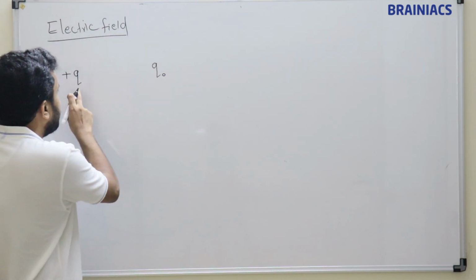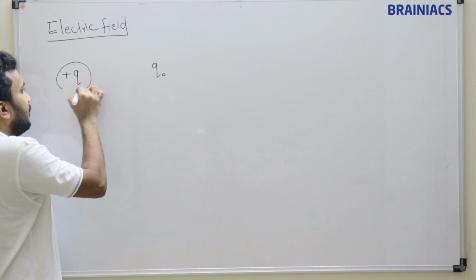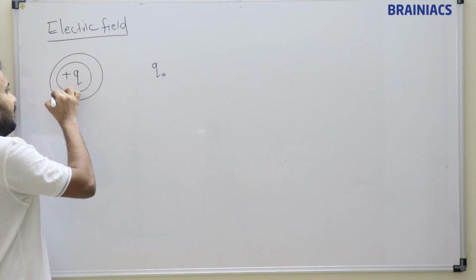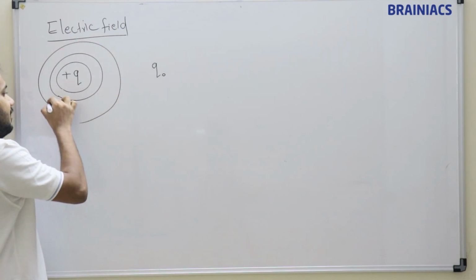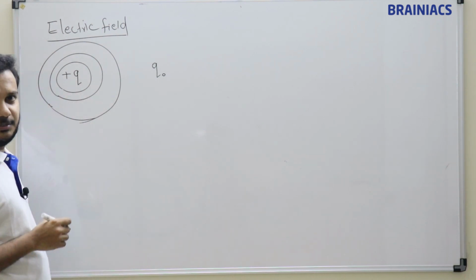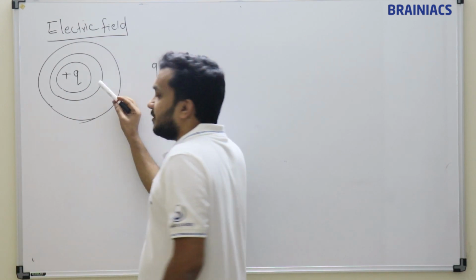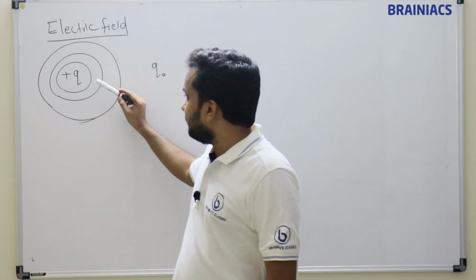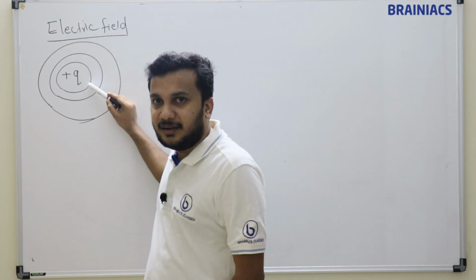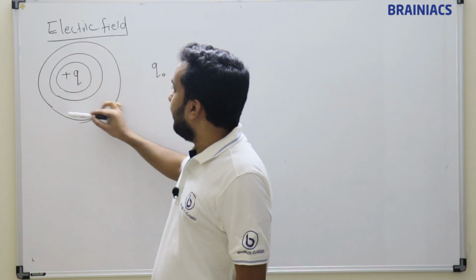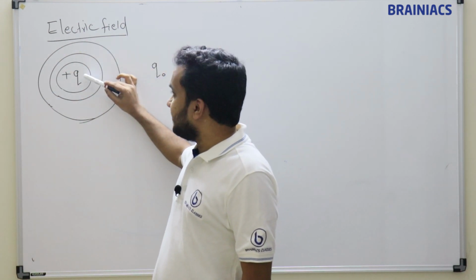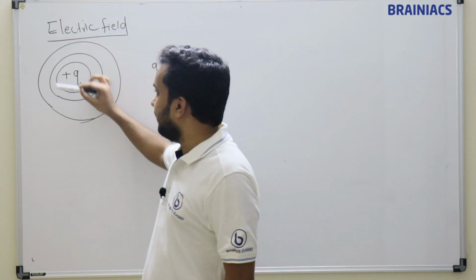Surrounding this plus Q, one boundary area will be created by the charge plus Q. So the plus Q charge will have a boundary like this.